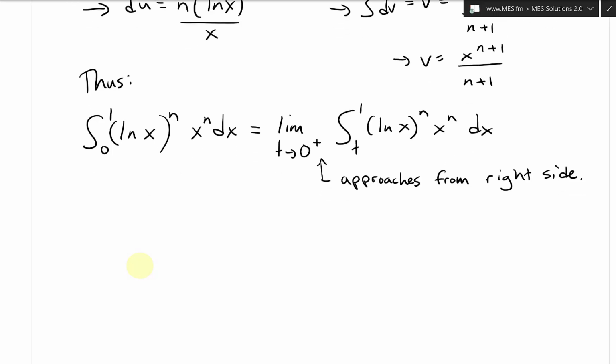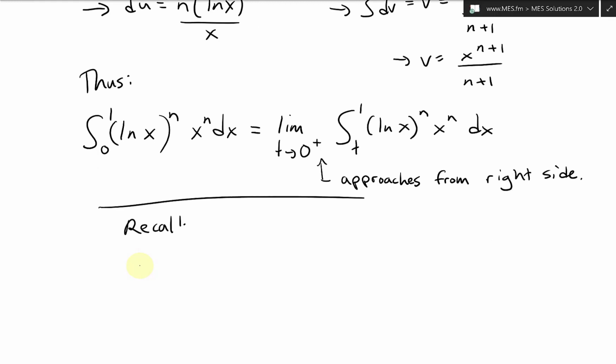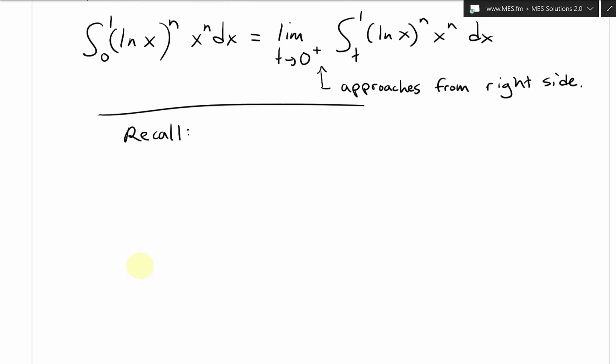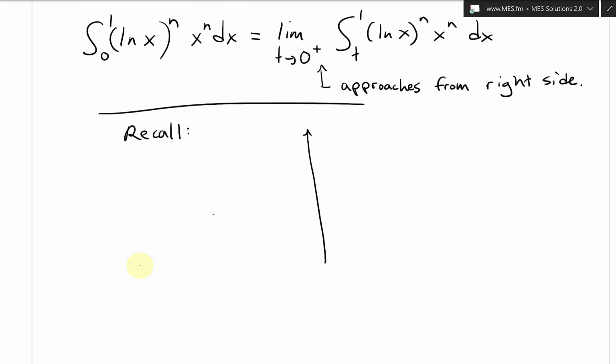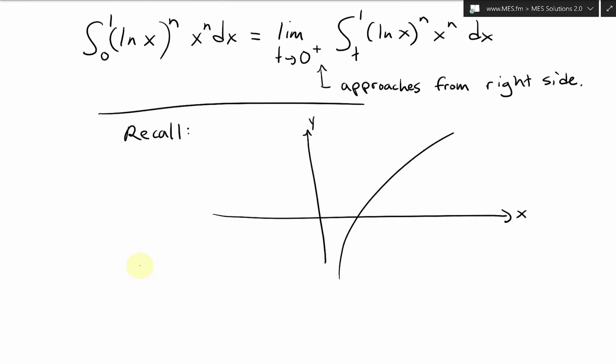And again, the reason for this is, just recall the function ln x. Recall that ln x looks like this. This is x, this is y, and ln x looks like that.